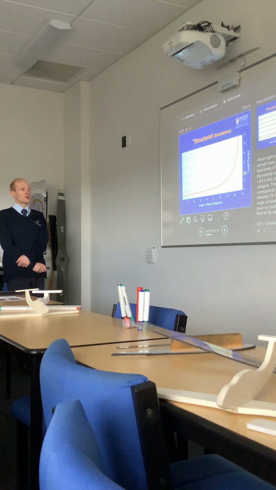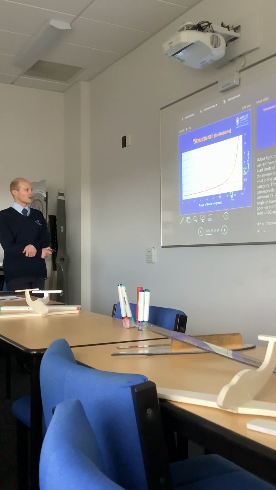So we are in a normal category, there's our 3.8 G limit corresponding to 74 degrees angle of bank. Then we're in the utility category. Max G limit 4.4 Gs, 77 degrees angle of bank. And now poor visibility configuration. Maximum 2 Gs, 60 degrees angle of bank.